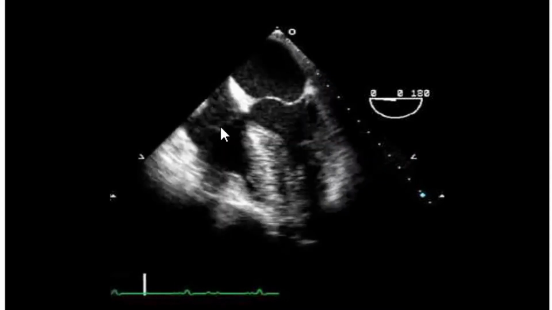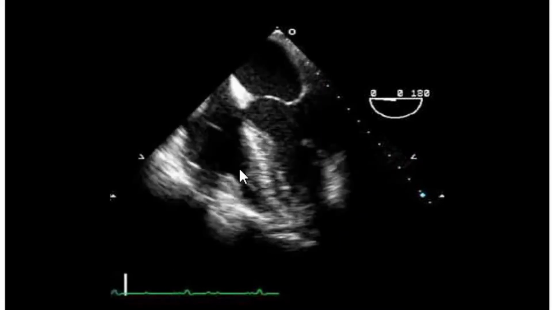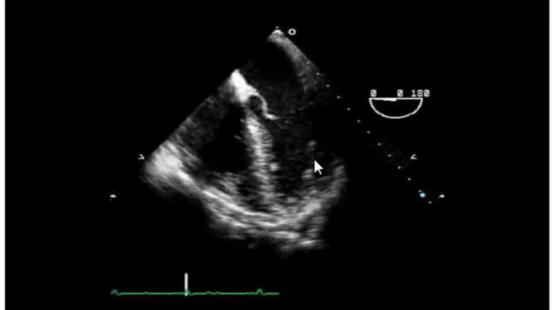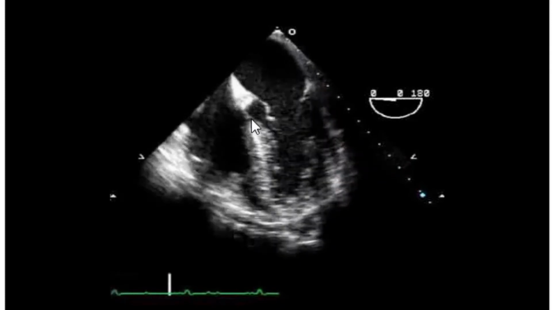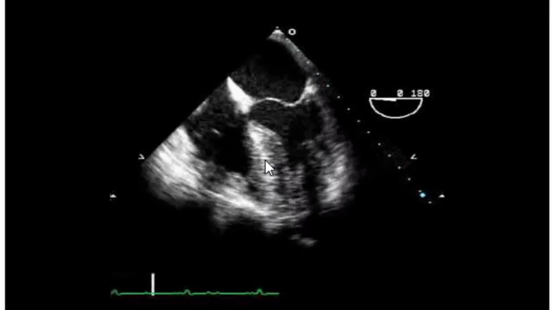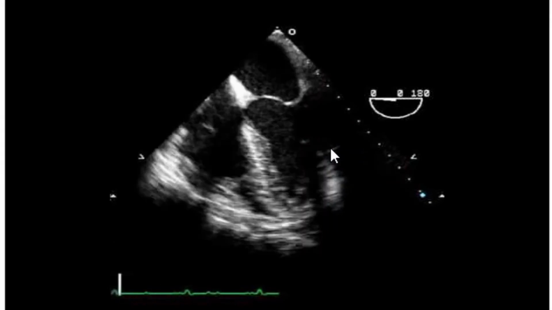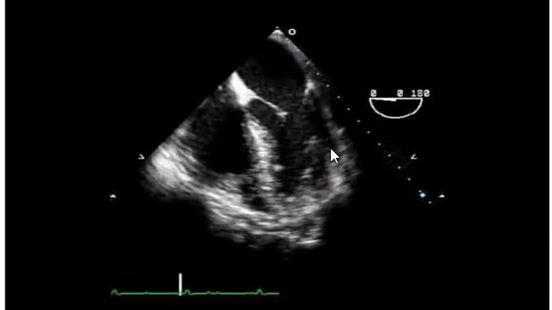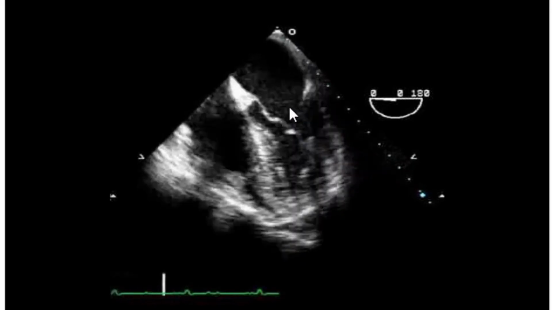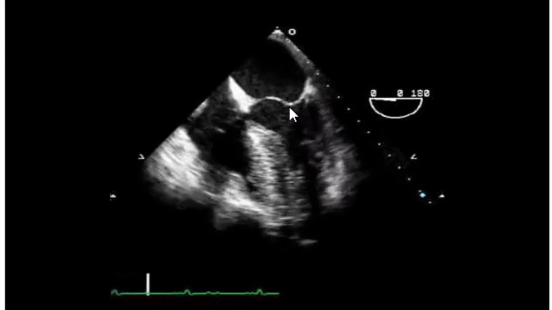And this view is used to look at chamber sizes, compare right and left ventricular chamber sizes, to look at interventricular function, septal shifts. You can use this to assess left ventricular function and regional wall motion abnormalities, to look at the mitral valve for mitral valve disease.